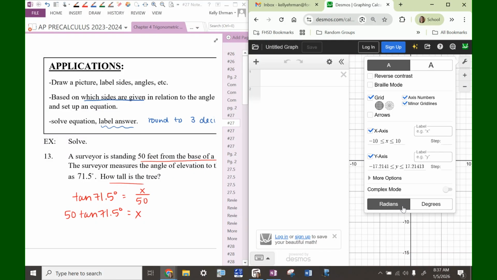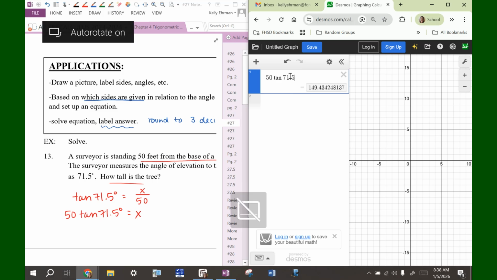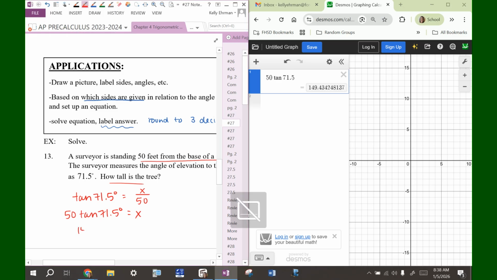Right now mine's in radians, but I have an angle in degrees, so I'm going to switch this to degrees. And then I'm just going to type in on my home screen here, 50 tangent 71.5. And it gives me a tree height of, oh, that's a tall tree, 149.434. And that would be labeled in feet because that was the measurement of the one side length that we had.